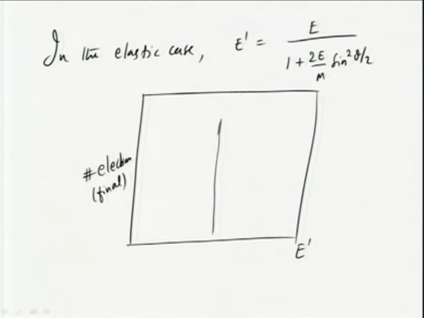Experimental uncertainty will certainly give you a small distribution, but it is highly peaked, without any tail. This particular value corresponds to elastic scattering. Let me denote this E prime by E prime elastic, for electrons considered at a particular angle theta.